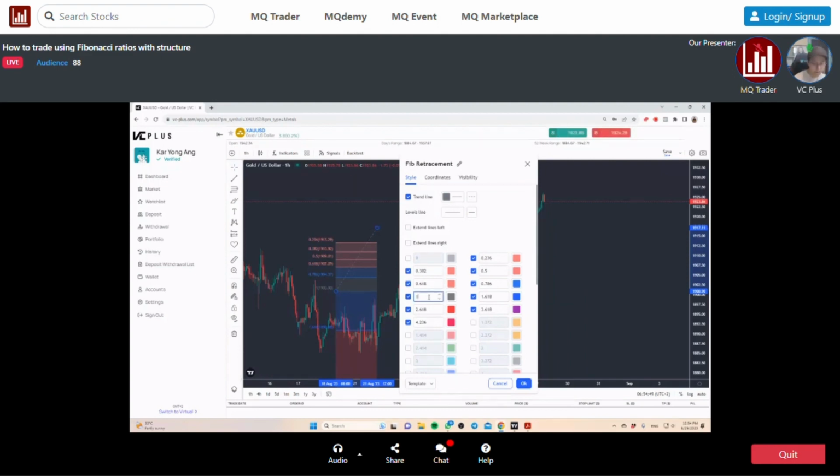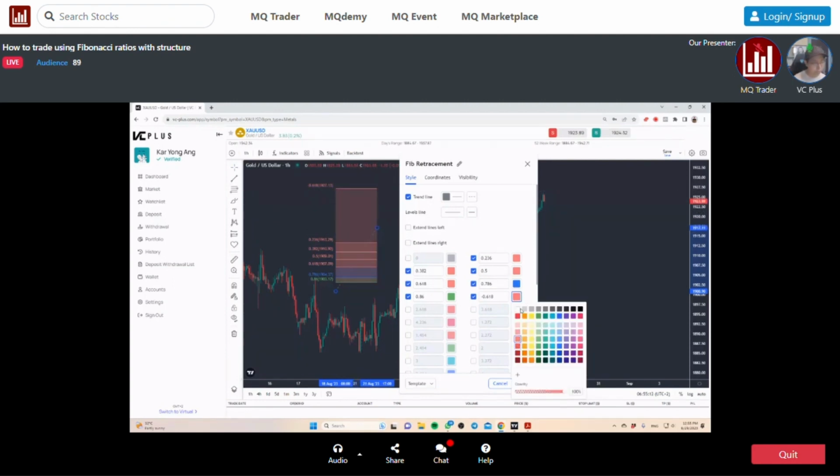We need to add an 886 over here, so the green. The extension you can edit too. So 1618, usually what I can do is I can just do a negative 0.618. That would then just flip it to the upside. So this would be a red zone.